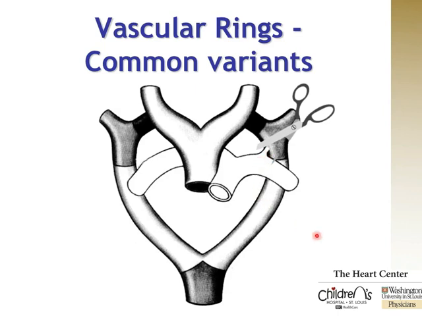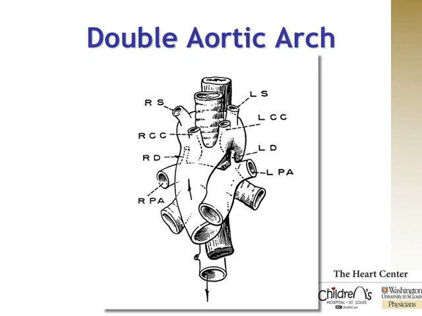And what people often refer to as a Kommerell's diverticulum, we'll see pictures of this later, it really represents this distal left arch remnant that was a contribution of ductal flow as well. The ductus flowed into that, and that's what usually results in that being of larger size, even after the ductus closes, becoming a ligamentum.